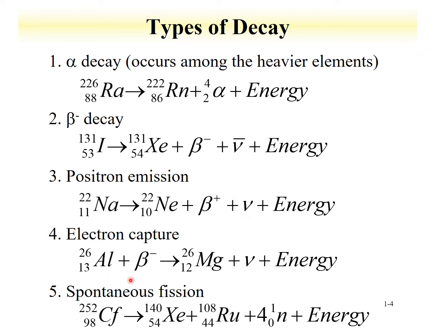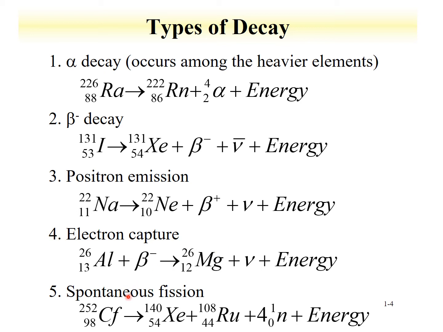Electron capture, where an isotope will capture one of its orbital electrons. It will use that, it will convert a proton into a neutron, so move down the periodic table, gives off a neutrino and energy. And then a final type of decay is spontaneous fission, where an isotope will spontaneously break into two components.